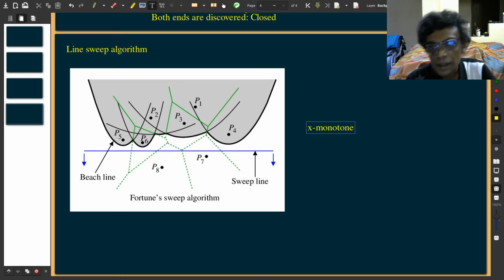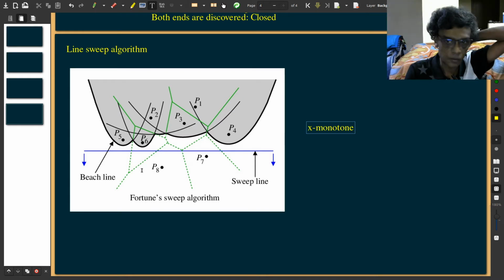Anyway, in some proofs we possibly require this monotonicity of the beach line, but I will give you an intuitive description of this algorithm without much detail. So this terminology is not so important for us.